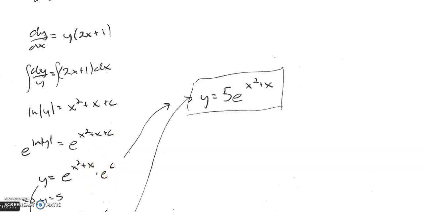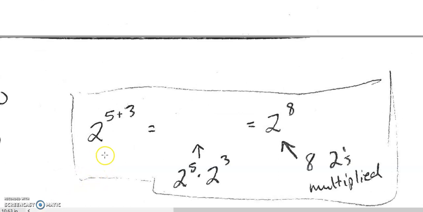Well, I used some log rules, and actually I was going to save this for later, but let me explain why I can do that e to the c thing. So 2 to the 5 plus 3. Well, 5 and 3 add to 8, right? So 2 to the 5 plus 3 is 8 2's being multiplied.